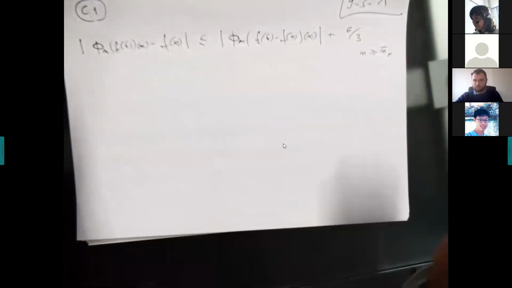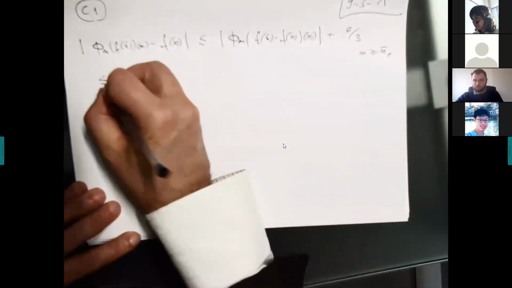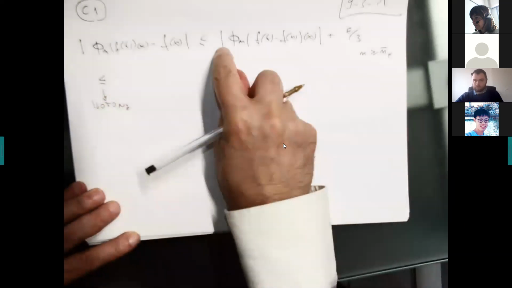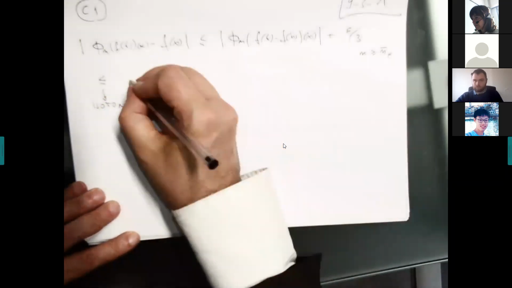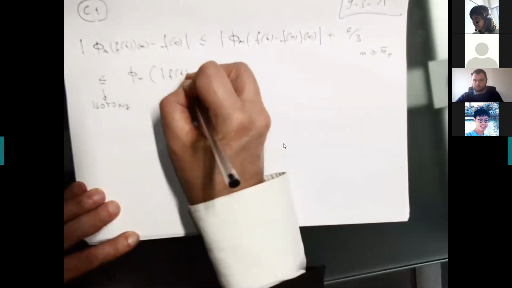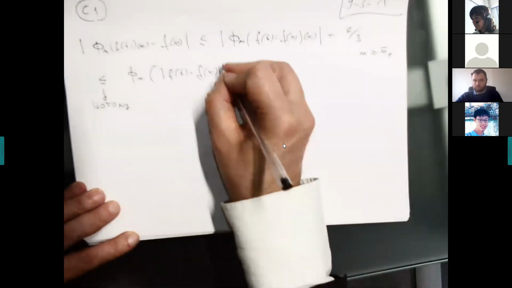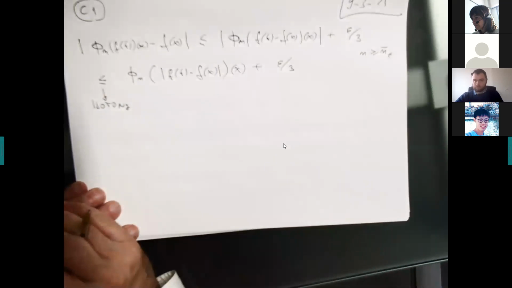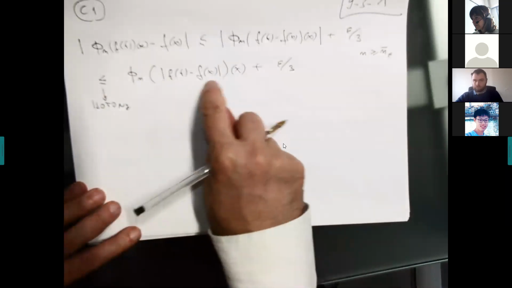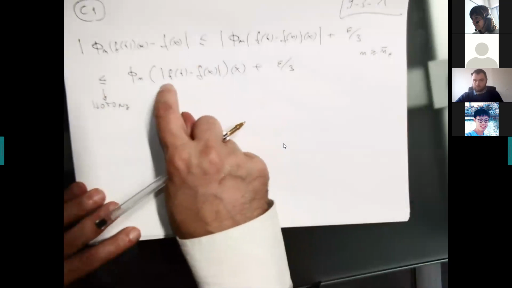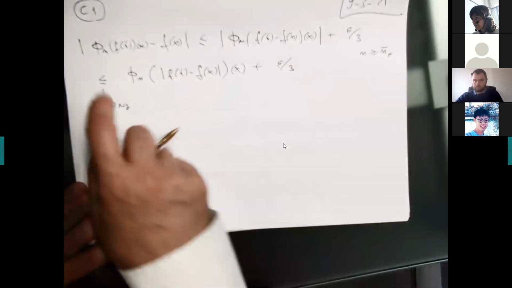Okay? Now we use isotony and we put inside the modulus. So this is bounded by phi n of modulus of f of t minus f of x in x plus epsilon divided by 3. And now we want some clever majorization of this and for using the monotonicity.